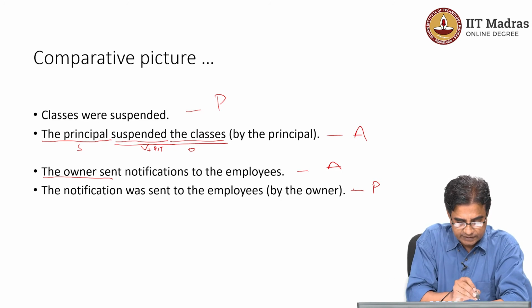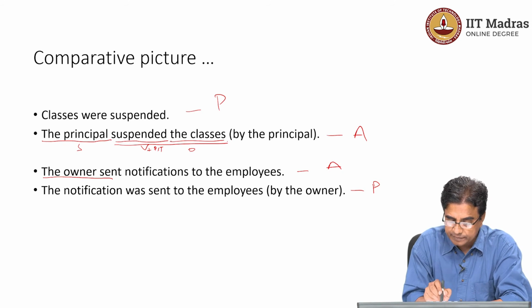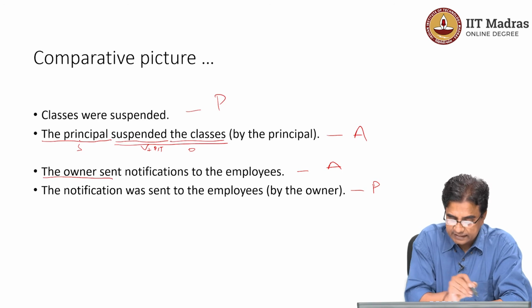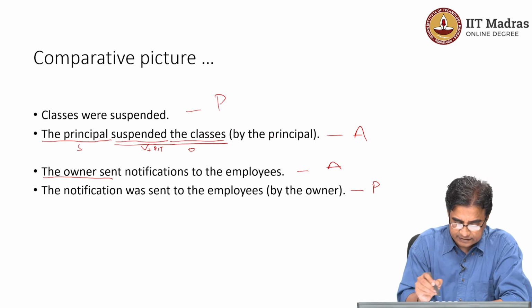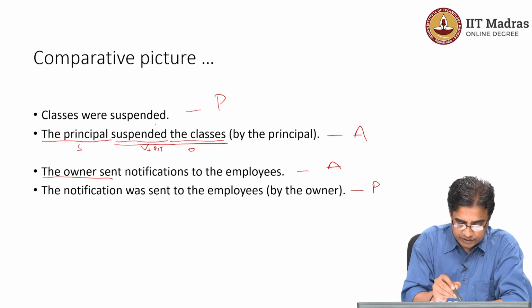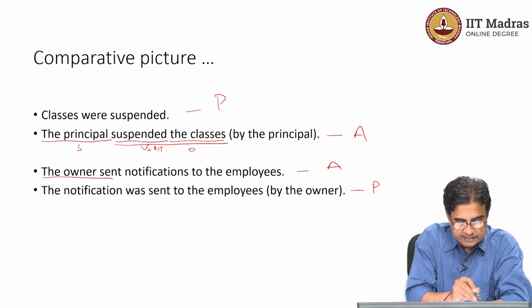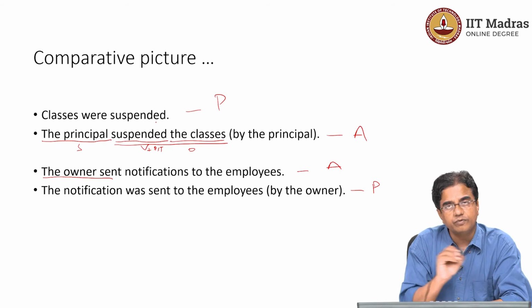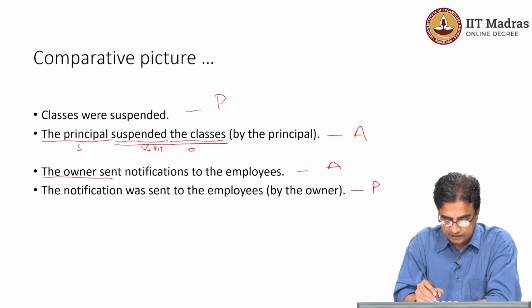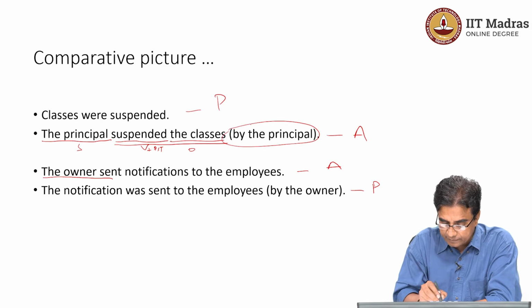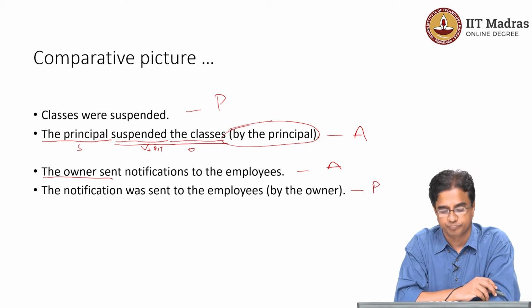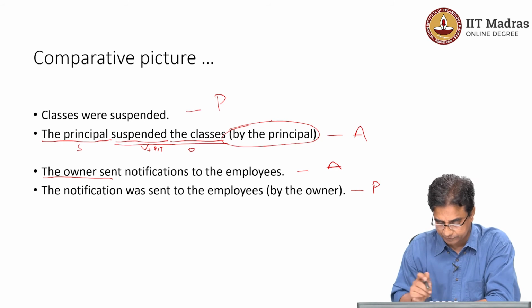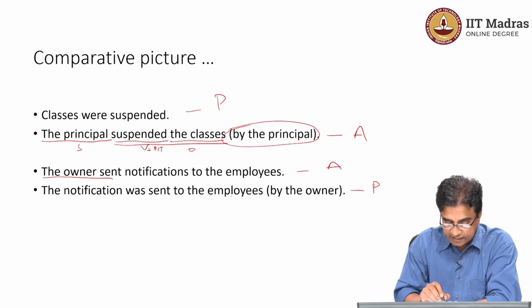When we say "the principal suspended the classes," this is an active sentence, and when we say "classes were suspended," this is a passive sentence, where we want to remove the focus from the fact that it was suspended by the principal. Notifications were sent to the employees by the owner.